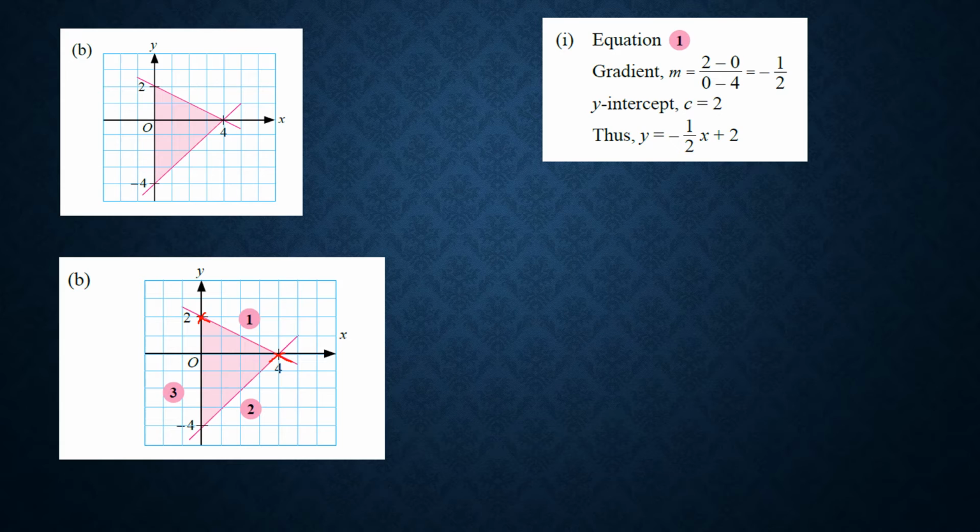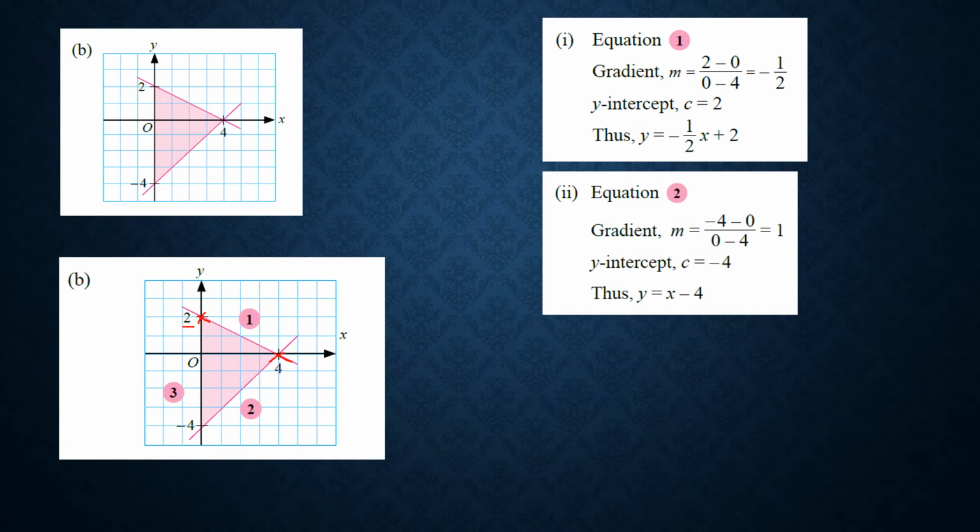The gradient is (2 minus 0) over (0 minus 4), so you get negative 1 over 2. Then this line passes the y-axis at y equals 2, so the y-intercept is c equals 2. So you substitute into y equals mx plus c: y equals negative half x plus 2.